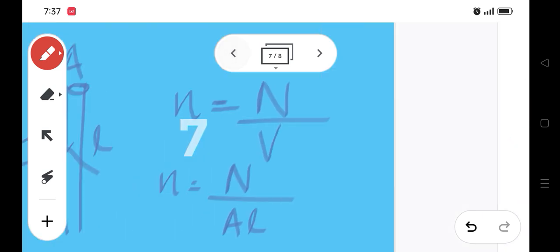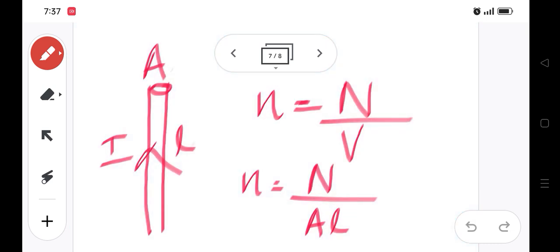So what will be the V here? Here, each charge is drifting with a velocity Vd.